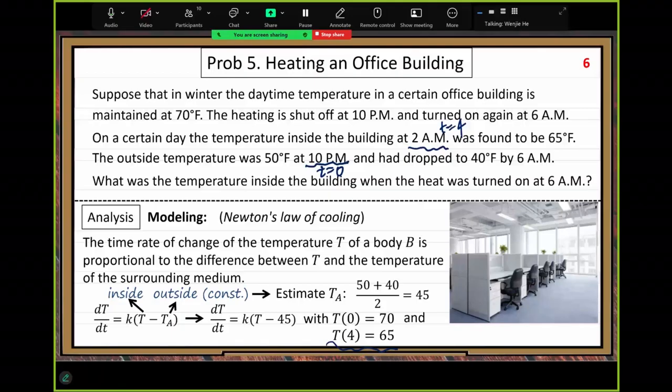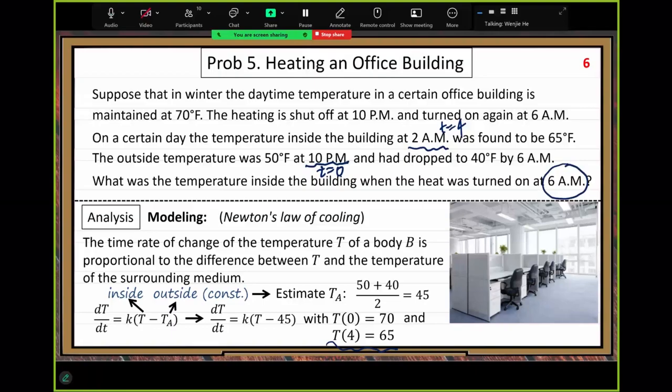The office temperature is 65. That's the given information. The question is to find the temperature at 6 a.m. So what's the corresponding t?